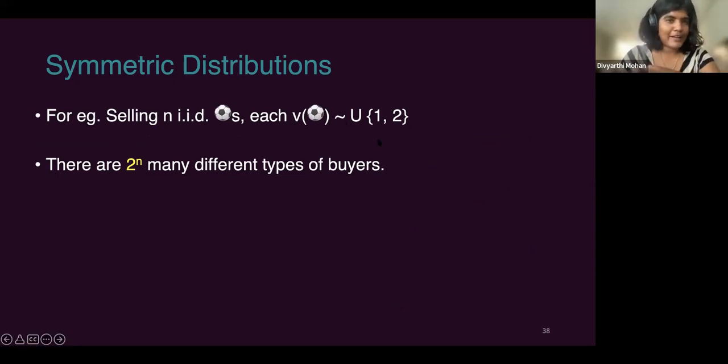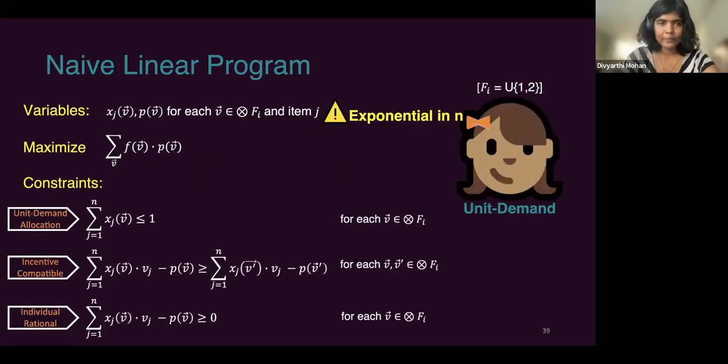Recall that we've already seen this distribution. We tried to solve this using a naive LP, and we know how that goes. We have 2 to the n many different types of buyers, and the naive LP solves this exactly, but it does so in exponential time. Even for the simple instance, this LP takes exponential time in n because there are exponentially many variables and constraints.